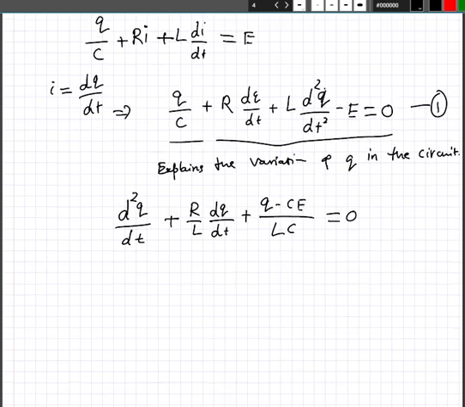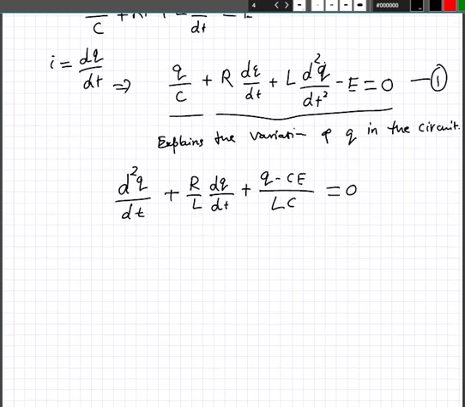It's a bit too many variables, so let x be equal to q minus CE, 2b be equal to R by L, and k square be equal to 1 by LC.